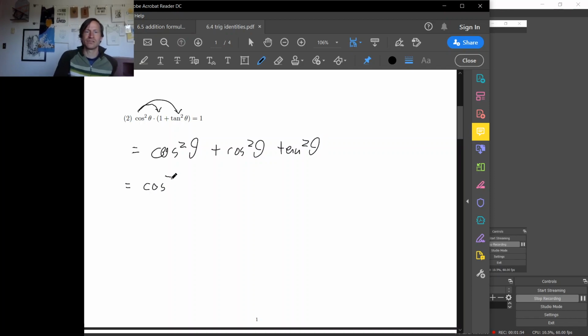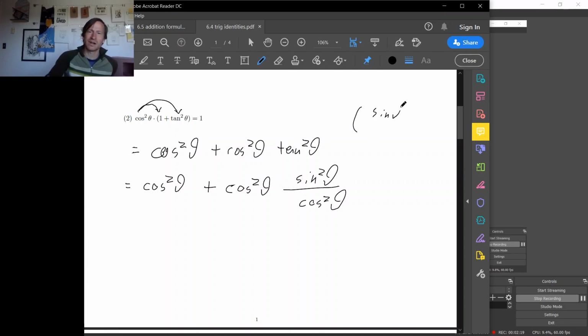So cosine squared theta plus, well, now I think there's no way of getting away from writing tangent in terms of sines and cosines. So let's go ahead and do that. So cosine squared theta times tangent squared is sine squared theta over cosine squared theta. This is because tangent is sine theta over cosine theta, but this tangent is squared, and so this squaring hits both the numerator and denominator.